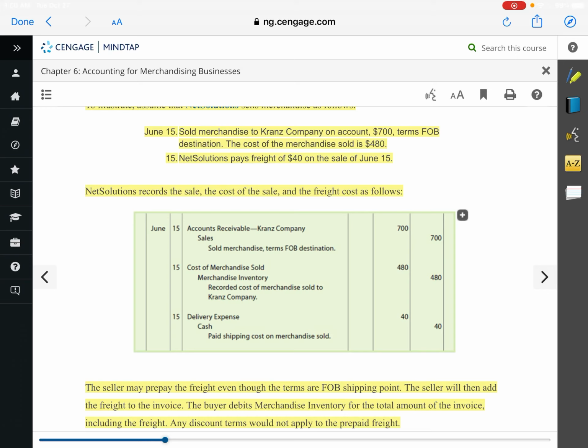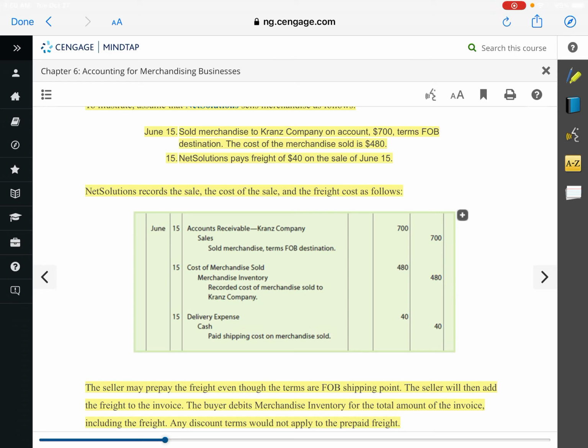So in that case, we, the seller, assume ownership as it travels. So if it gets broken, if it gets damaged, lost, etc., it's our responsibility. So if we own it while it's being shipped, we should be the ones to pay the shipping charges. Okay? And it says the shipping charges are $40. So say that you don't know about the journal entry.